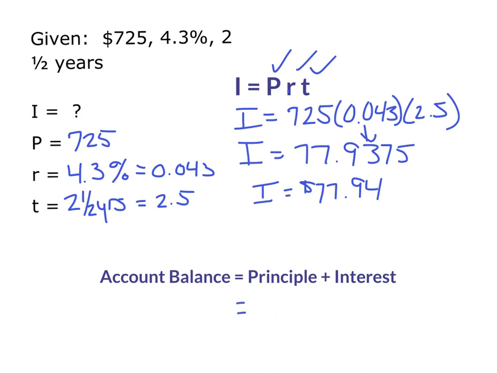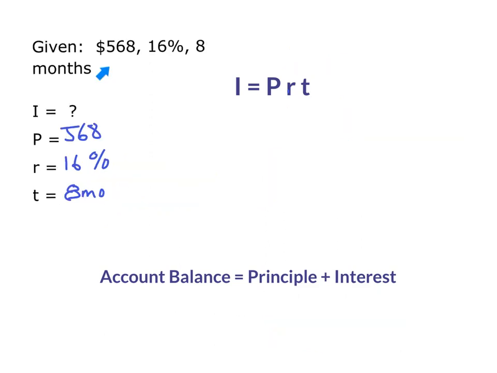Now to calculate the account balance, I take my principal of $725, I add the $77.94, and I end up with an account balance of $802.94.